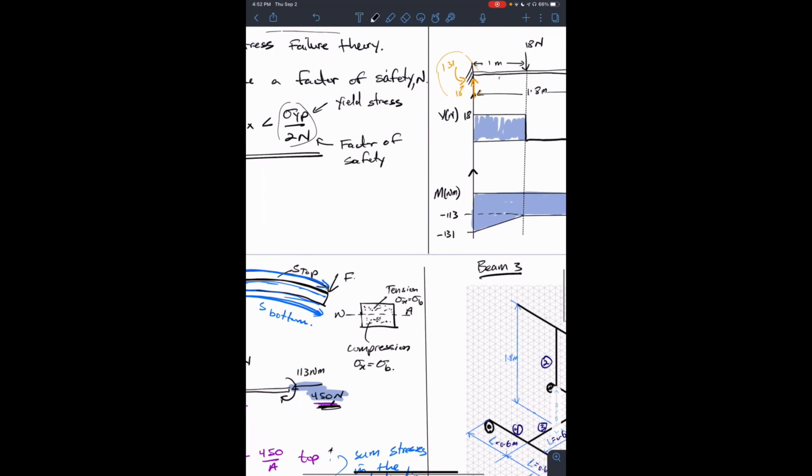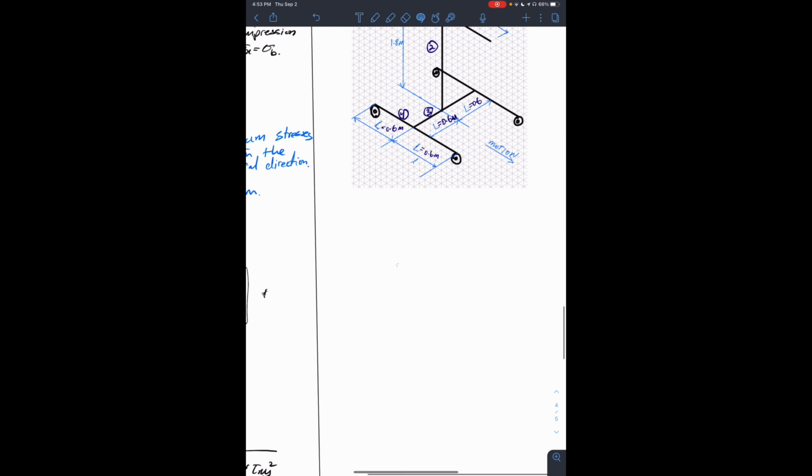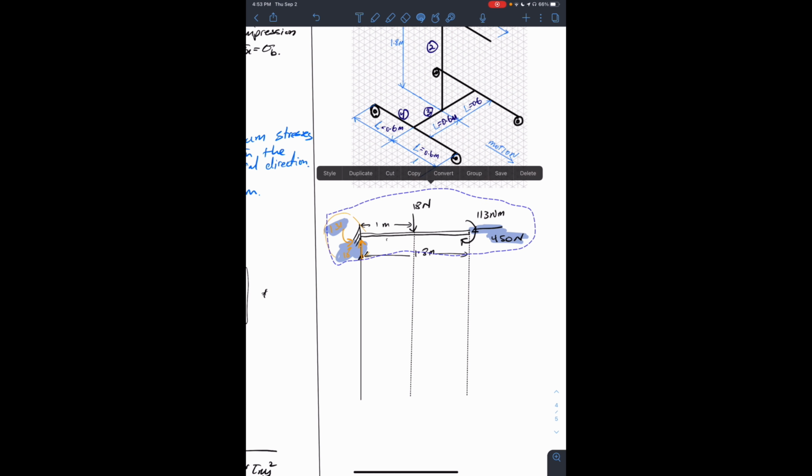If we go back to beam 2, we see the reaction force was 18 and the reaction moment was 131. I'll just bring this across here so that we'll have something to look at.